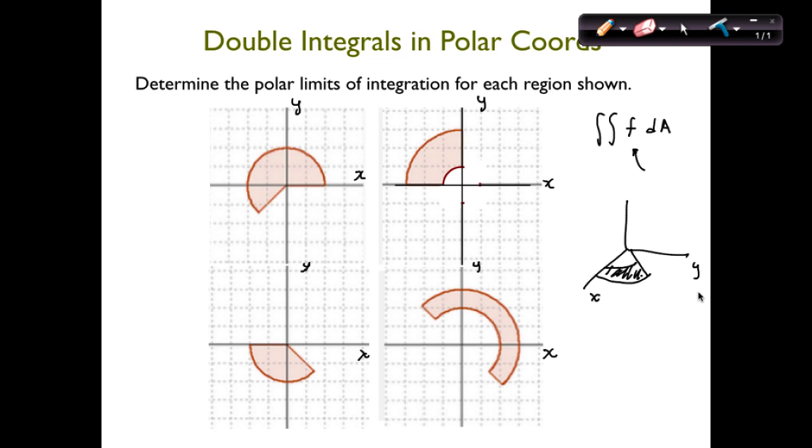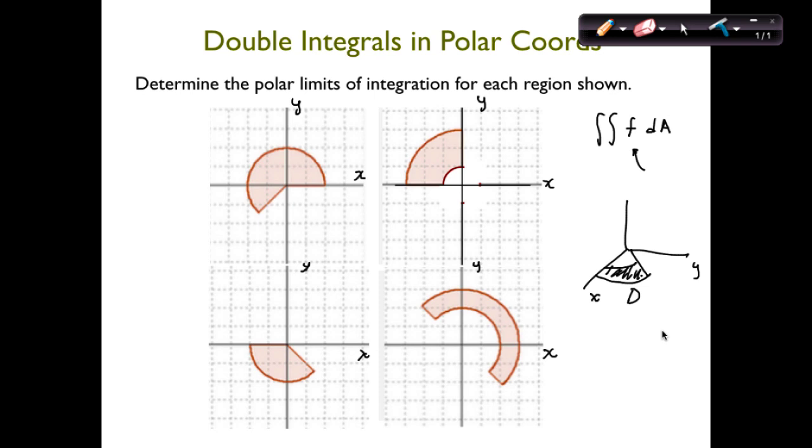So what we're working on now is just the regions, which we often call D, like D for region. We're just setting up the limits of integration, establishing all the points of D that we're going to consider for the function f, in terms of integrating f.